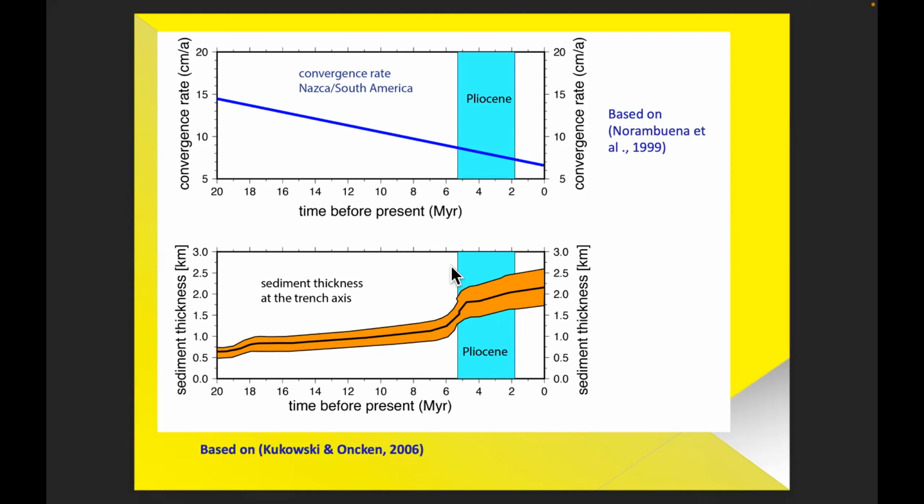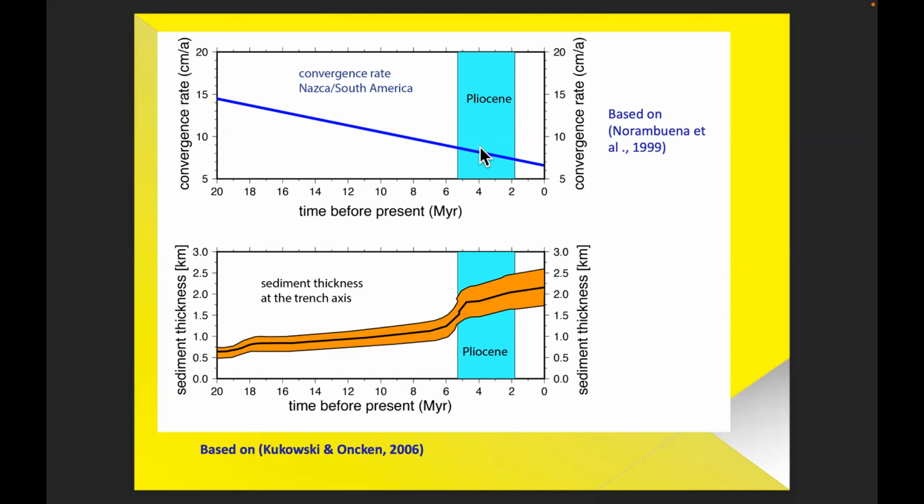And this sediment thickness increase is coincident with a decrease in the plate convergence rate from the Miocene to the present. So just during the last 5 million years, we have the condition of a very thick sediment thickness at the trench and a relatively low convergence rate.